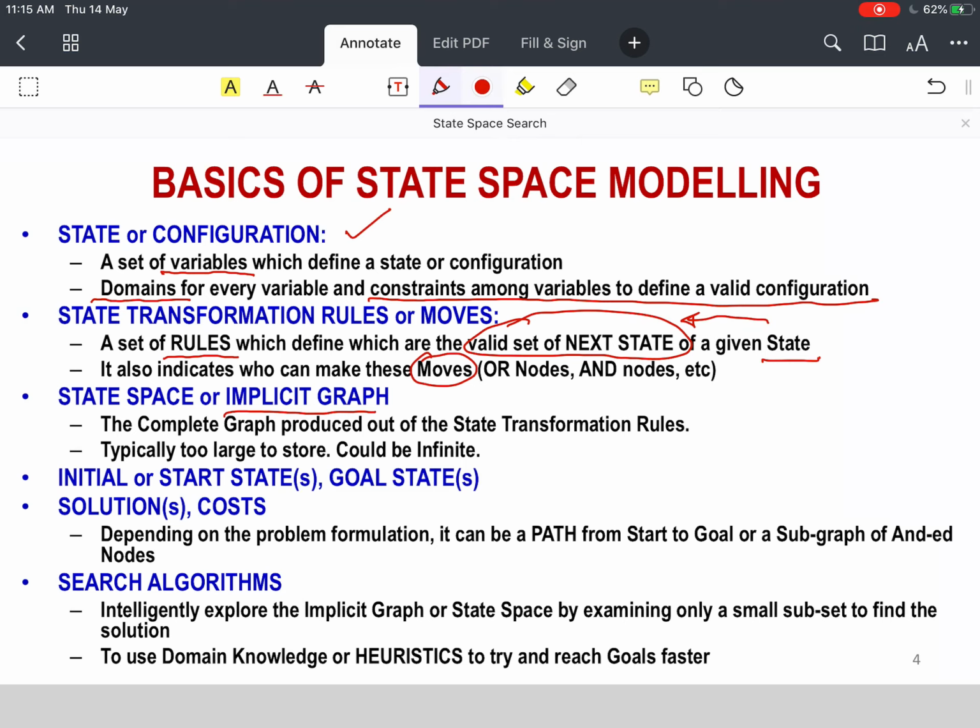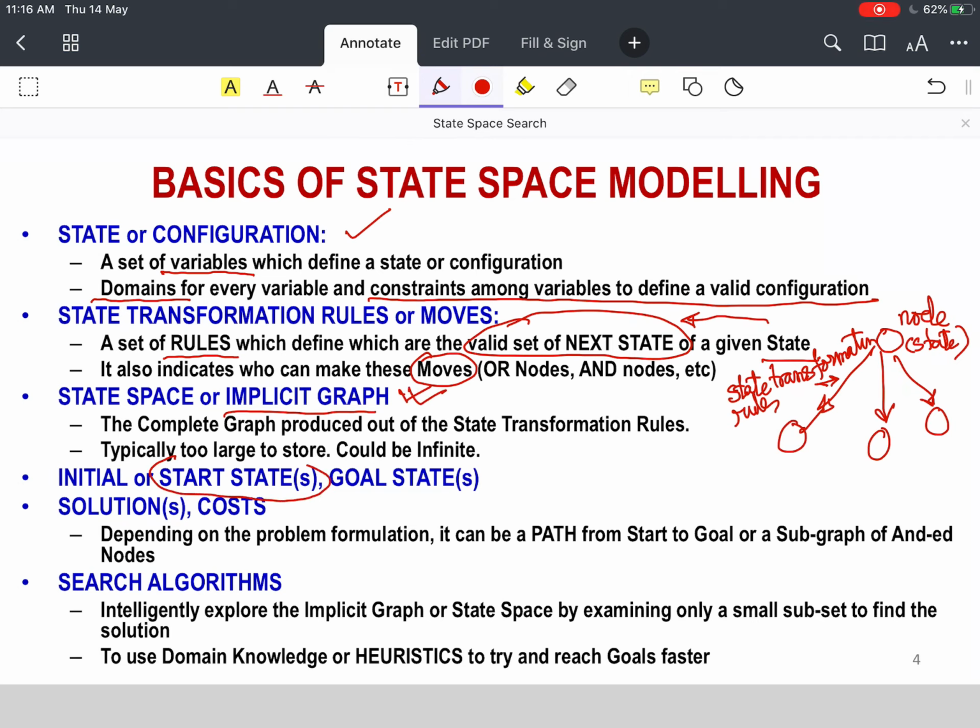So that is called the implicit graph, because in that graph a node is the same as a state, and the edge to create new nodes comes out of the state transformation rules. So from the state transformation rules, we get the edges and we get new states. So by this definition, we create a graph. This is the implicit graph.